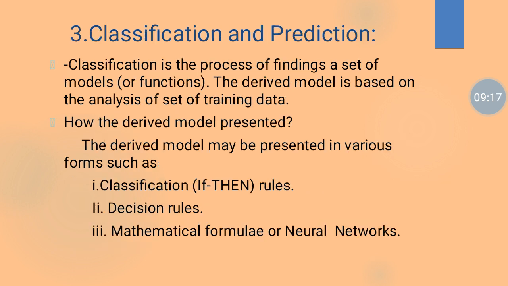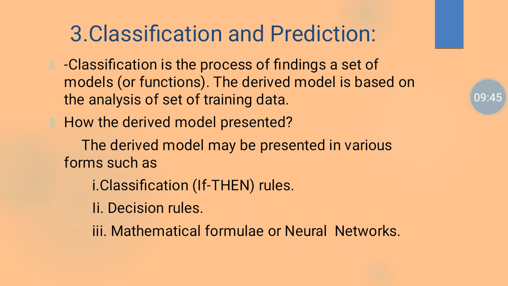The next method is classification and prediction. The next data mining functionality is classification and prediction. So what is classification? Classification is the process of finding a set of models or functions. The derived model is based on the analysis of a set of training data, that means the data objects whose label is known.